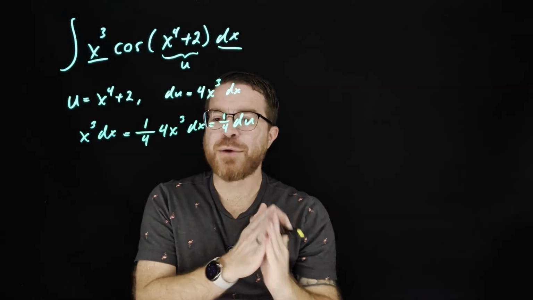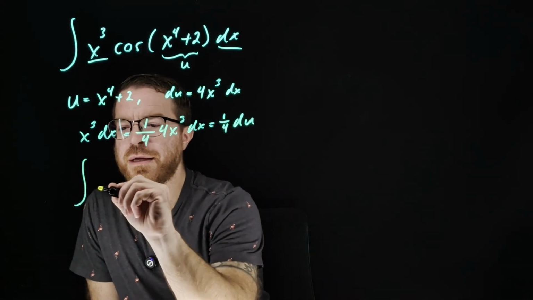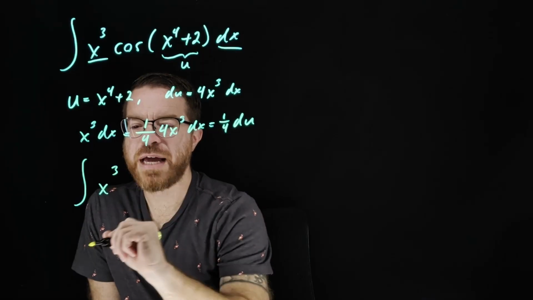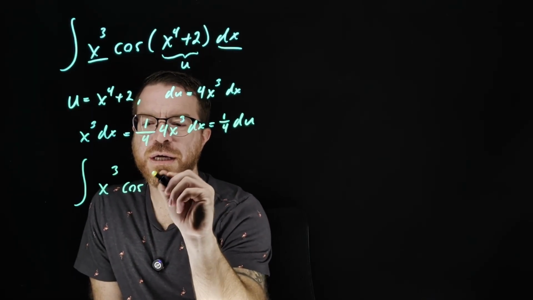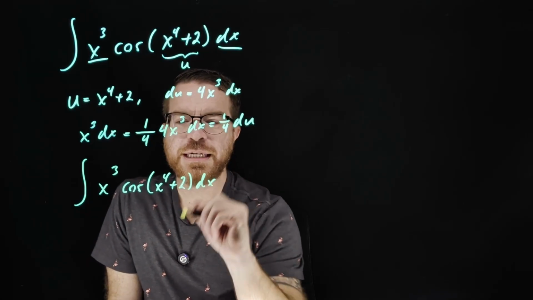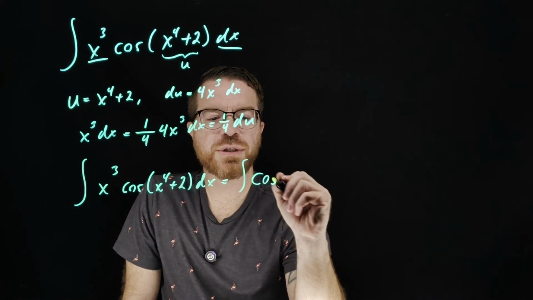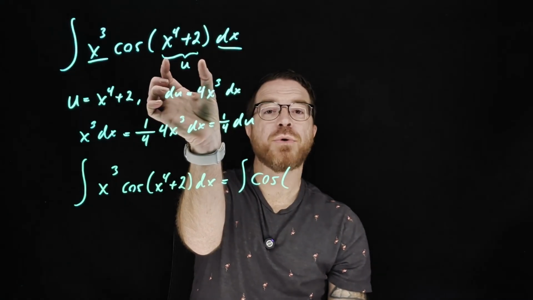Now that we have that, we can go back to our original integral. We have the integral of x cubed cosine of x to the fourth plus 2 dx. This is going to be equal to the integral of cosine, and remember, now it's going to be the cosine of u.